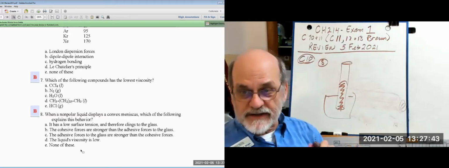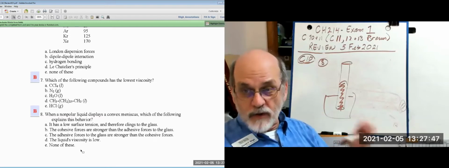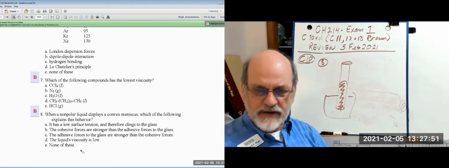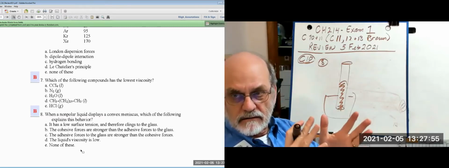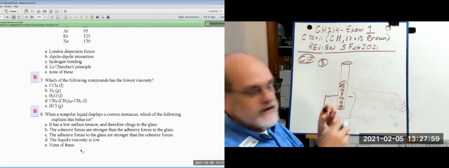That convex meniscus says what? How do we explain the behavior? Well, remember when we discussed there are competing forces involved here. There are the cohesive forces.